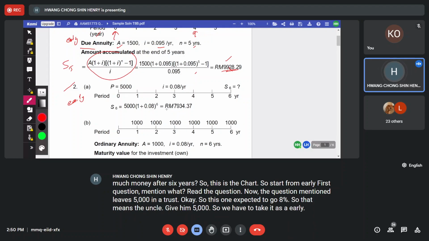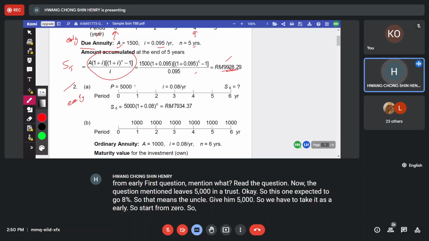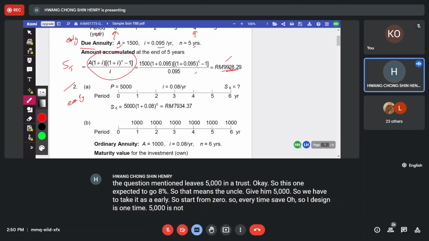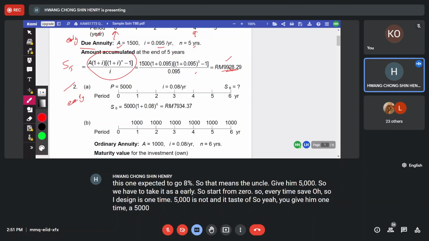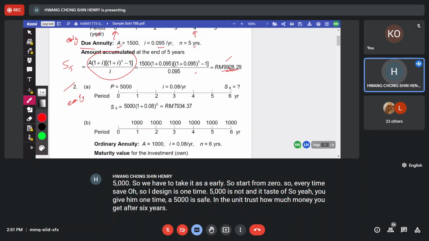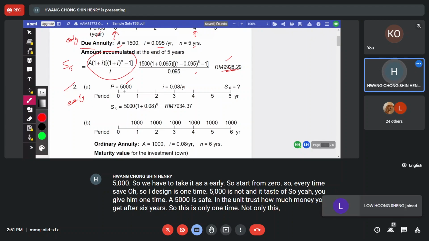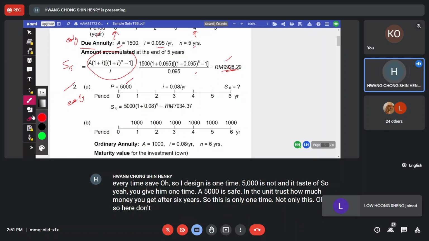So start from 0. So every time save. No, sorry, this one is one time 5,000. It's not annuities. So you see, he gave him one time 5,000. He saved in the unit trust. How much money does he get after 6 years? So this is only one time, not annuities. Okay, so here don't have an early one.